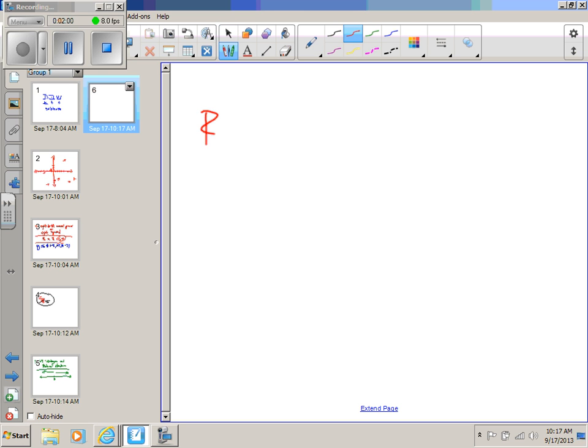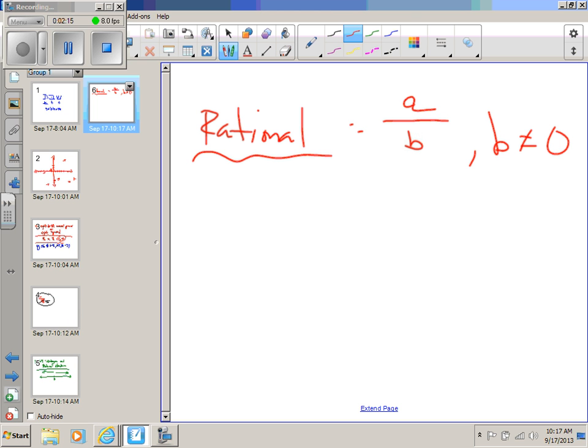So when we speak of rational, a rational number comes in the form of a over b, as long as b does not equal 0. Now that's going to cover a lot of different kinds of numbers.